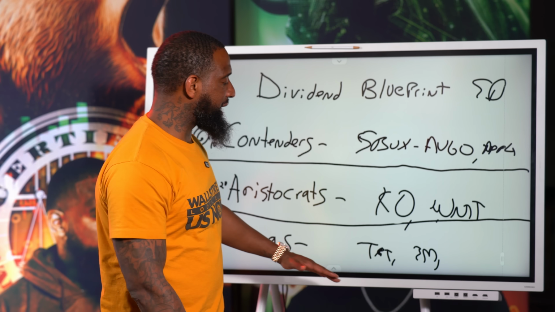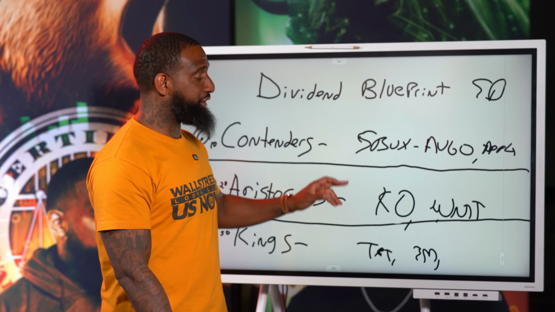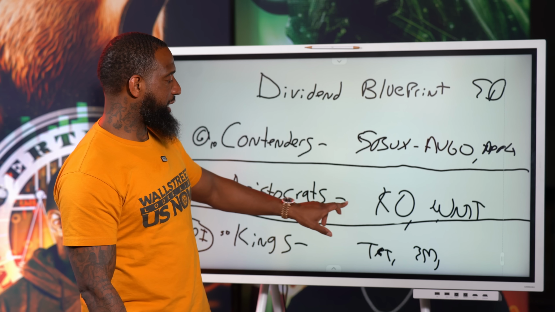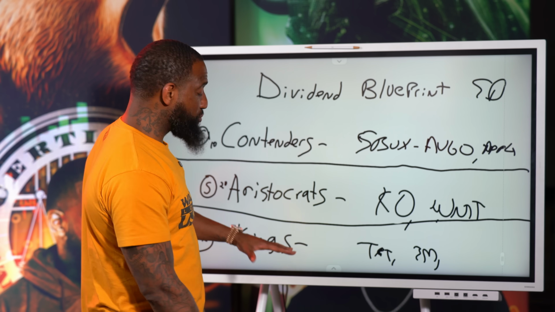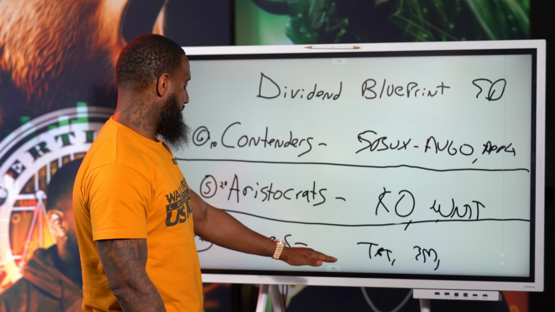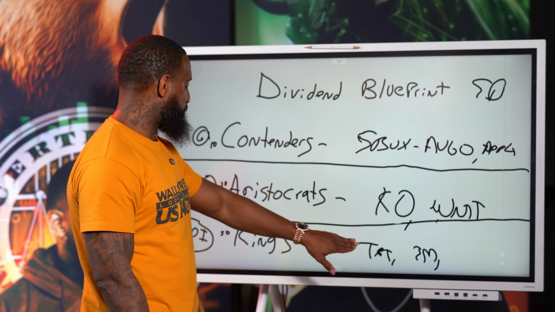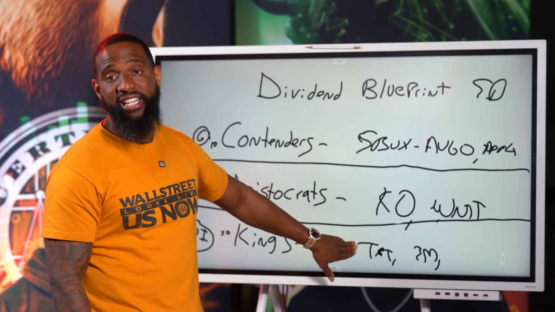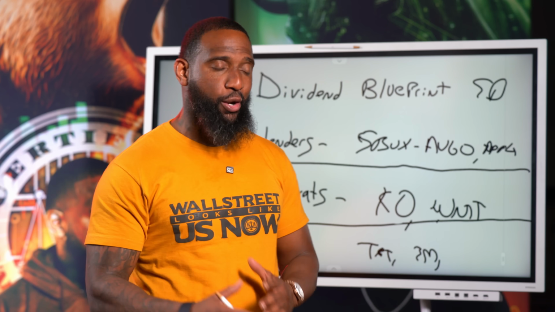So for me, these are the three levels of dividends: your Contenders, your Aristocrats, and then your Kings, 50 years or better. There's only a few companies on this Kings list. I call this Kings list generational passive income. These companies are gonna pay that dividend no matter what.